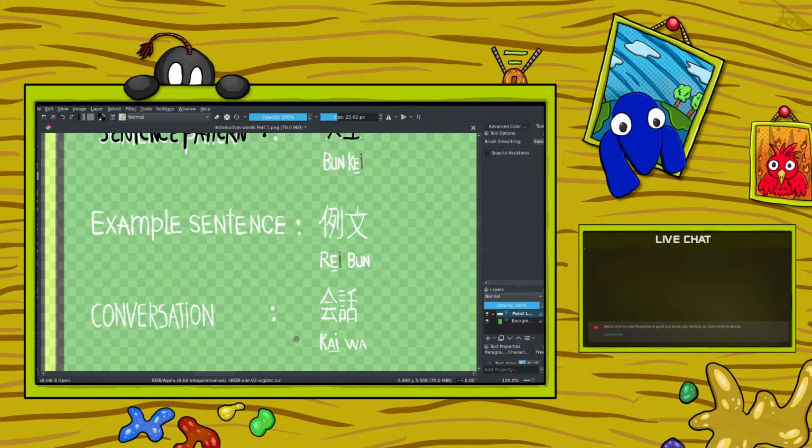Then we have the next one, which is of course the example sentence. So instead of the bun being at the beginning, now it's actually on the outside. So example, re, bun.